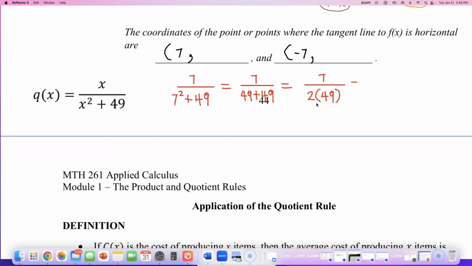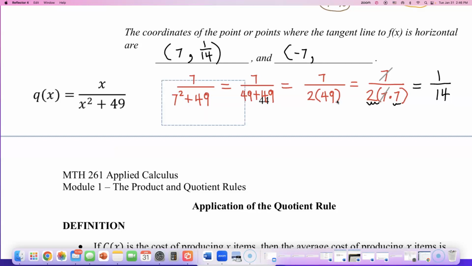I can write this as 7 over 2 times 7 times 7, because that's what 49 is. And look what I'm about to do. I'm going to cross out the 7 on top and one of the 7s in the bottom. So if I simplify, the first y value comes out to be 1 over 2 times 7, which is 14. So here is the y value for x of 7.